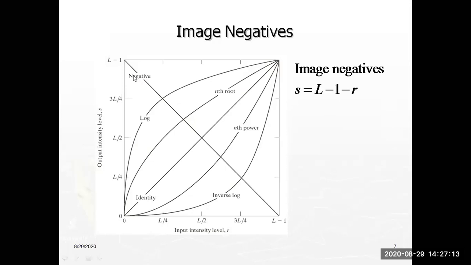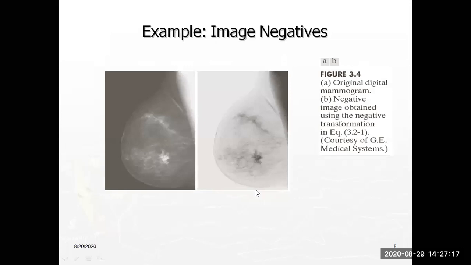And if you apply the operation like this, the image negative, here this is the damaged tissue. Here I am showing the original digital mammogram or X-ray, and here the image obtained using the negative transformation.